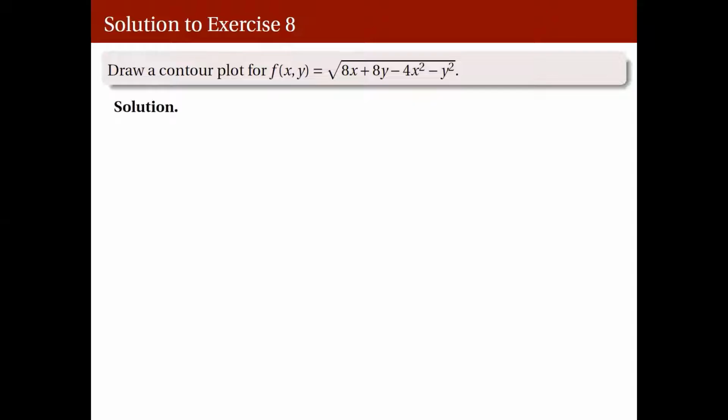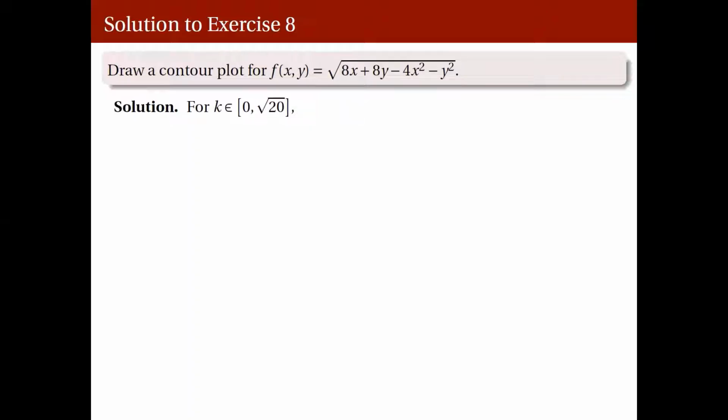So here, we will be replacing this expression f of xy by any real number k within the range of your function. Now, the range of this function from part 2 is 0 to square root of 20.